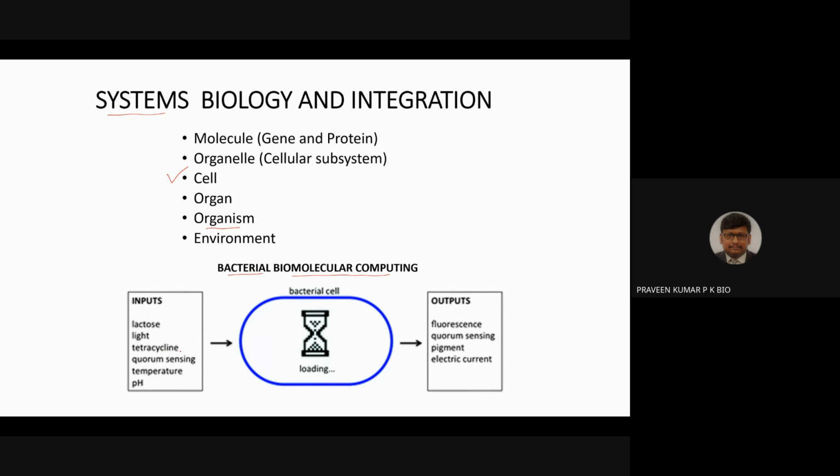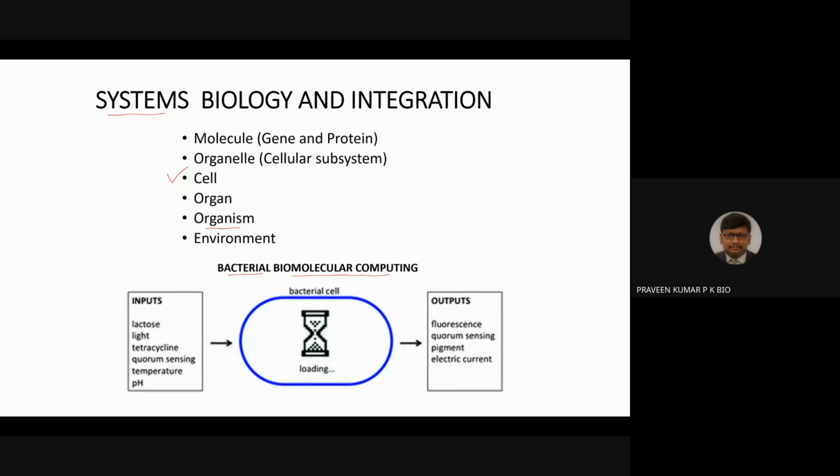For example, if you feed lactose to the bacterial cell, if it is a Pseudomonas type, it can emit fluorescence. And even the light, whatever it takes, how much light it takes, it emits that much fluorescence. And obviously, based on the temperature, it can also provide an electric current.